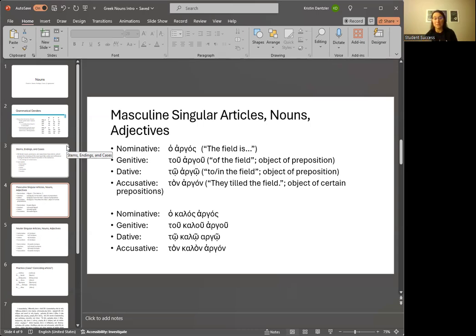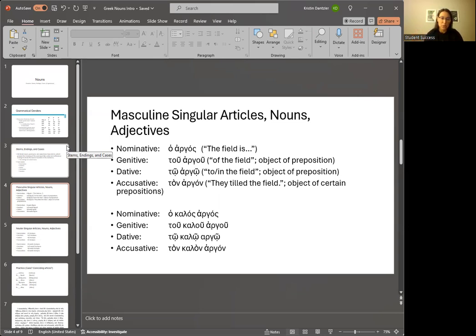Sometimes it means that, sometimes it means that they just don't have the word "is" in there. When you see kalos, you see that ending, you know already it's nominative. Argos is nominative. Therefore, they are supposed to be together. Beautiful is modifying field.